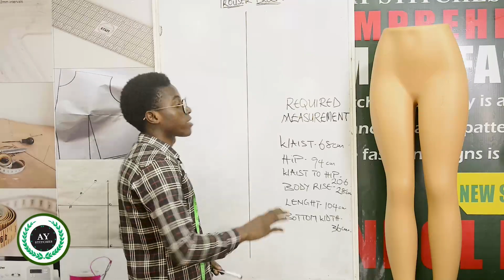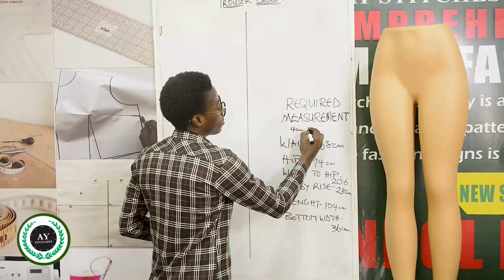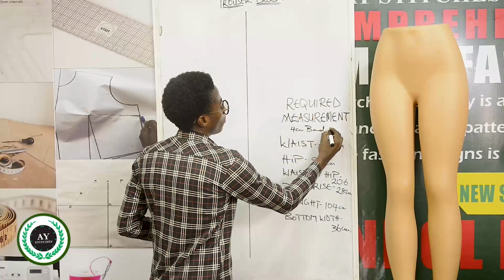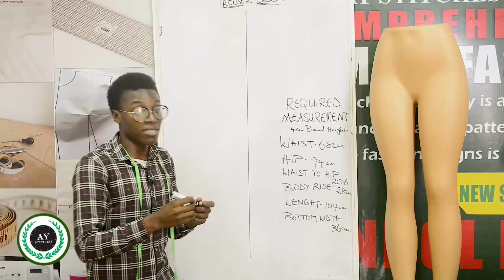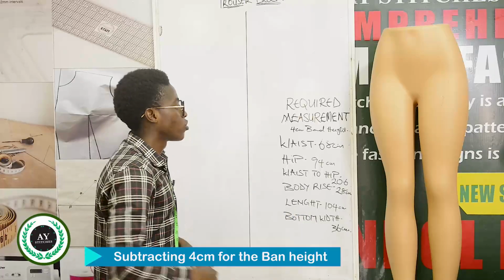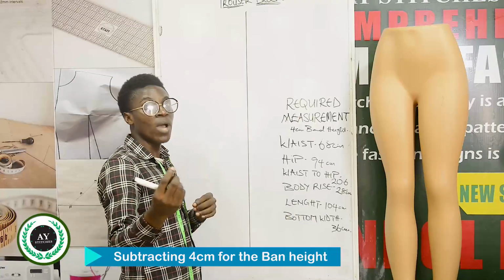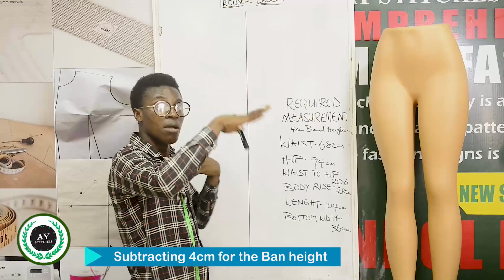Now you're going to be subtracting 4 cm. The 4 cm is for the band height, because the band height is an external piece that we're going to be adding to the trouser when sewing. So you have to deduct the band height. So eventually, by the time you fix your band into it, it gives you your trouser length measurement.